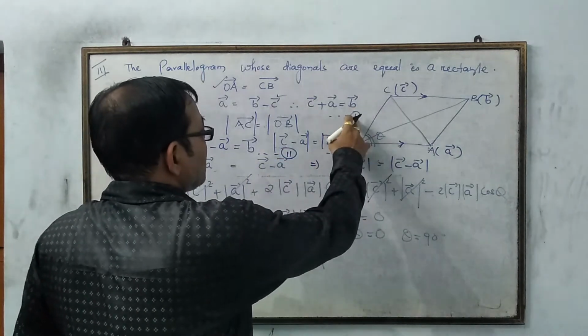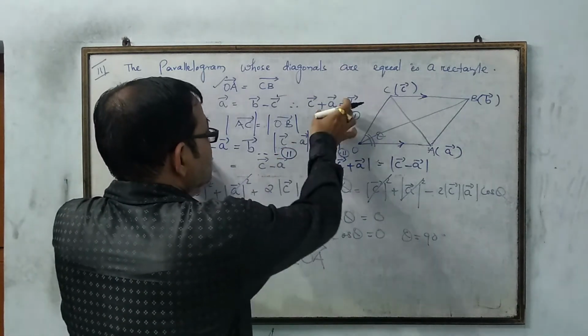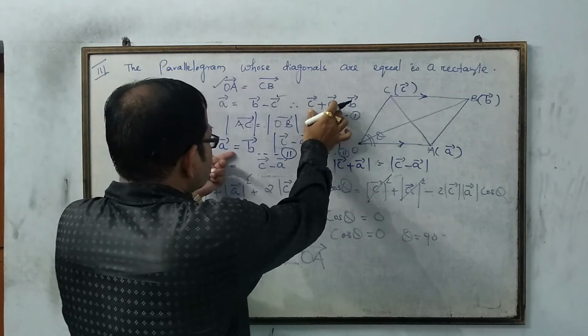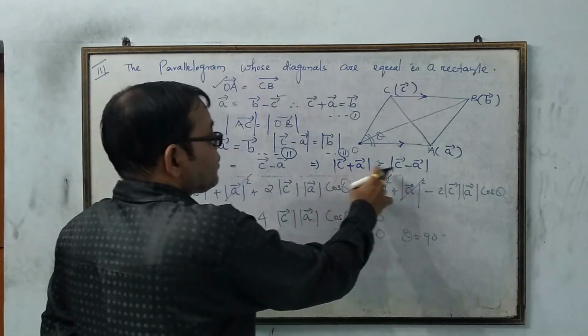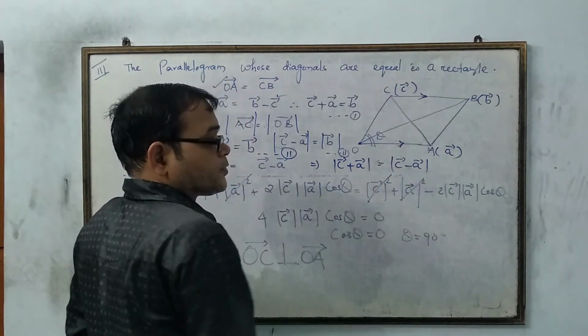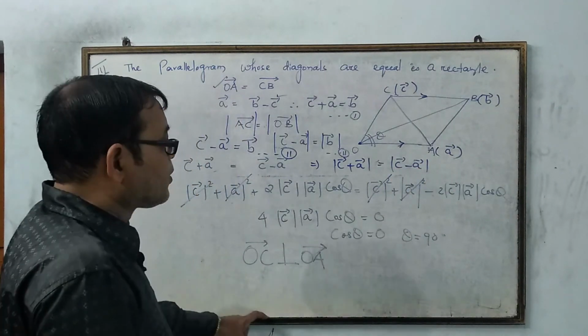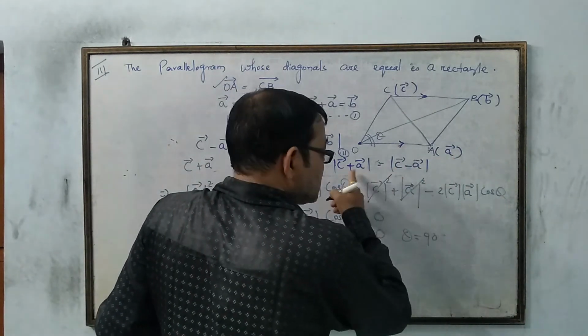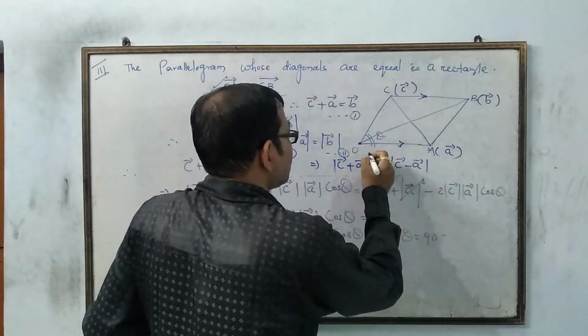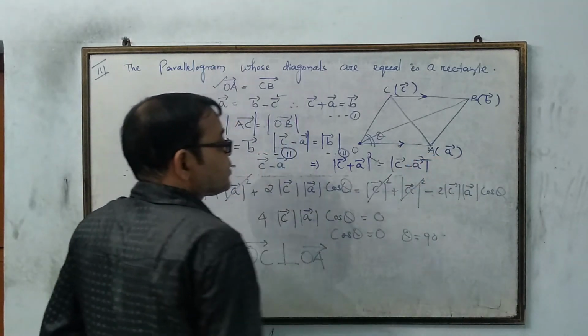From condition 1 and condition 2, you observe C plus A equals B and C minus A equals B also. That means the magnitude of C plus A is equal to the magnitude of C minus A. Therefore, this square equals this square.